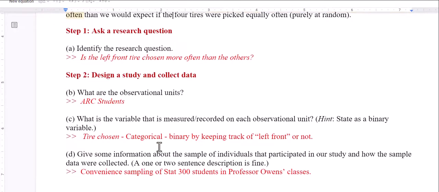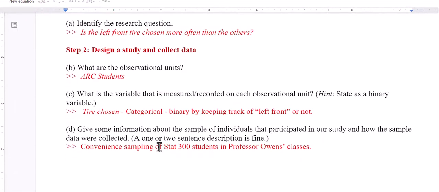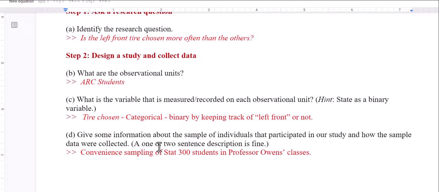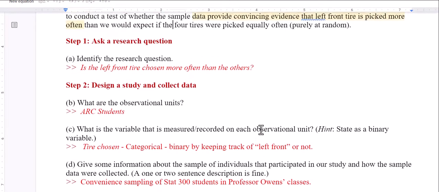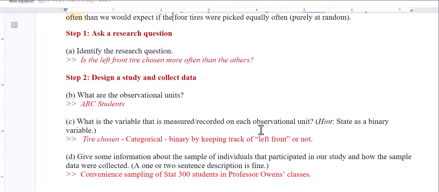What is the variable that is measured on each observational unit? The tire chosen. And here I wanted to make it a binary variable. So even though the variable itself is not binary, because there are 4 tires, the left front tire is just 1 out of the 4. So it's not really binary, but I want to make it binary.